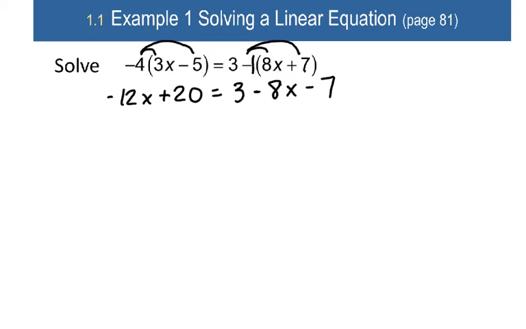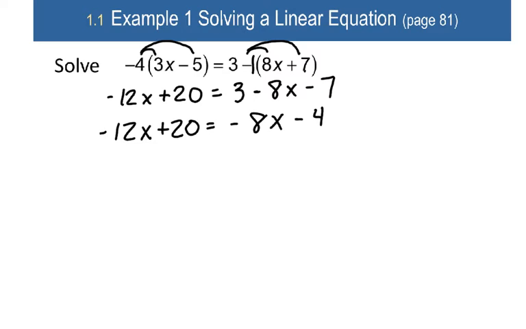All right, now that we have no parentheses to deal with, we're going to be combining like terms. There are no like terms on the left side of this equation, but there are like terms on the right side, such as the 3 and the -7. So let's put those together. Just copy down the 8x, and then 3 minus 7 gives us -4.